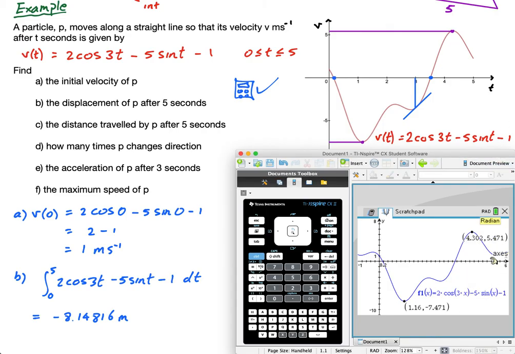Now note, I am looking at the y coordinate because that's the velocity. This is the time, that's the velocity. His velocity is obviously more than his other velocity, but his speed is bigger. So the maximum speed of the car is 7.471.